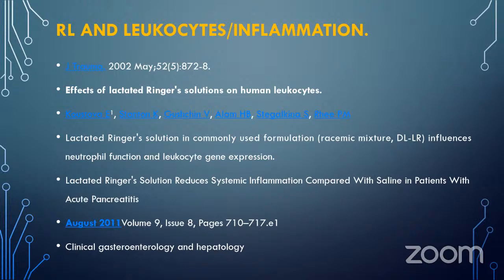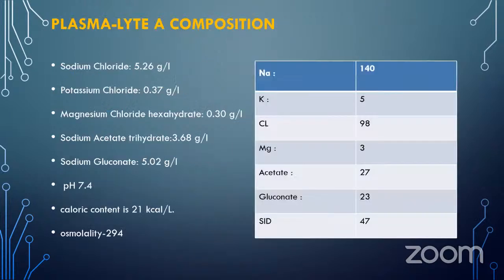And lactated Ringer solution reduces systemic inflammation compared to saline in patients with acute pancreatitis, in a small study published in Clinical Gastroenterology and Hepatology. So Ringer lactate probably also mitigates inflammation. If you see the endothelial glycocalyx, there is a role in mitigating inflammation. So Ringer lactate is probably doing a small favor in terms of mitigating inflammation.